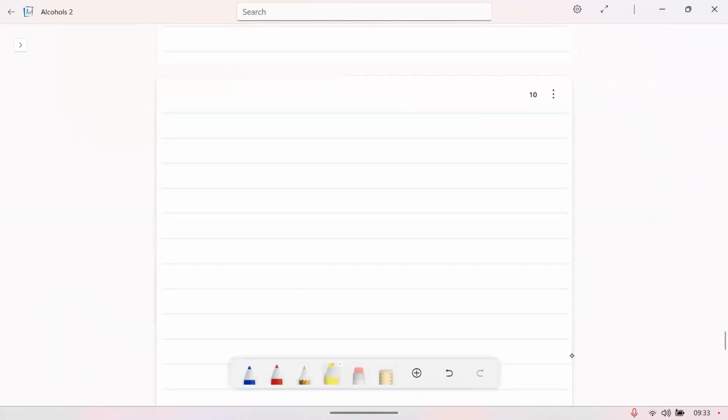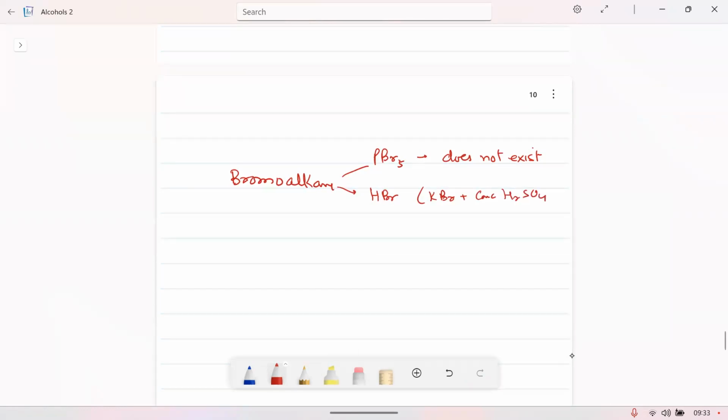Then if you look at how to form the bromoalkane, PBr5 does not exist, so we are not talking about it. We have to react it with HBr, but HBr is unstable. So we take KBr plus concentrated H2SO4, which is 50% concentrated.